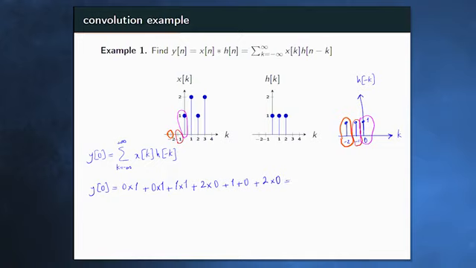So if I add all of these, I'm going to end up with 1 for the value of y of n at n equal to 0. So y of 0 is equal to 1. I'm ready to move on and calculate y of n for other values of n.